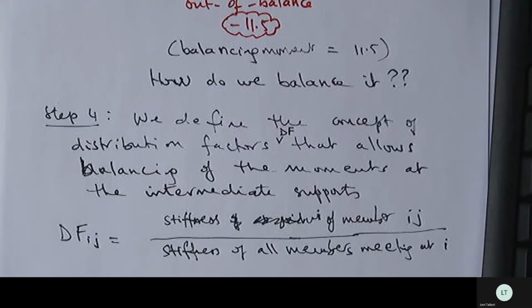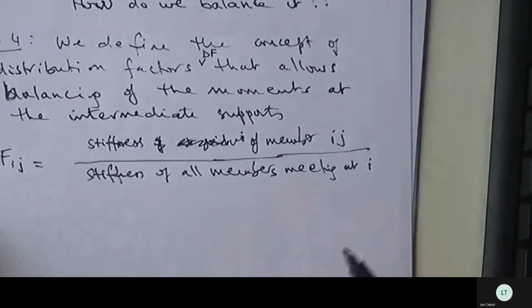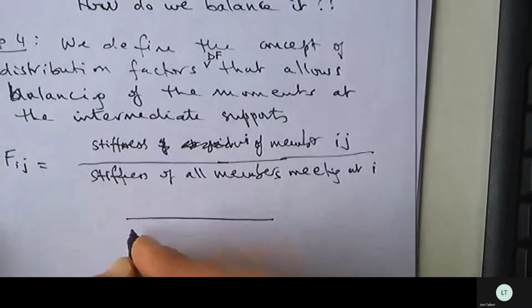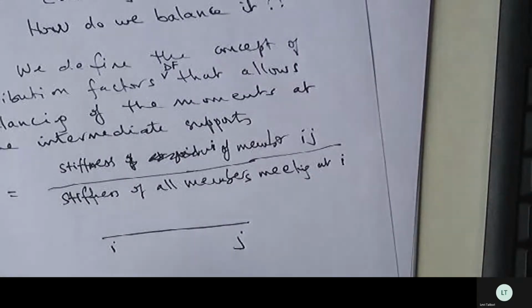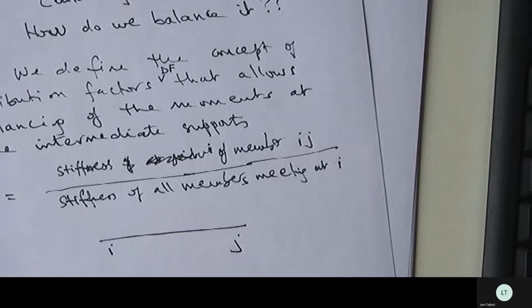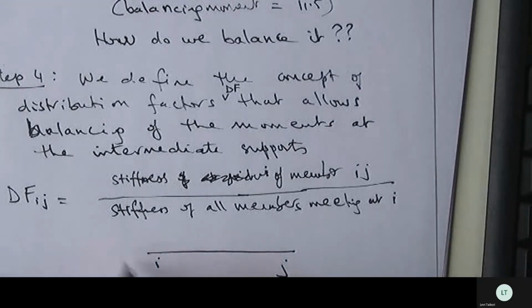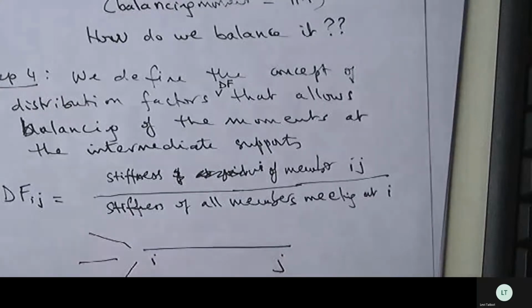So this is IJ. You have a member and you've got joint I. Your joint I here could be connected to more than one member.